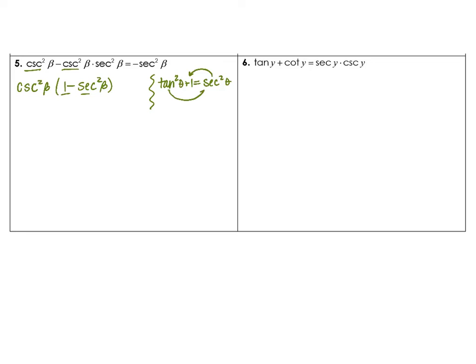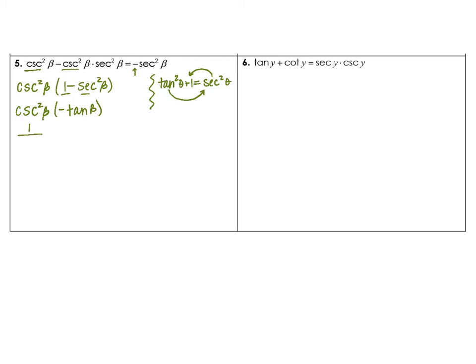So I'm going to move tangent squared over. So everything inside the parentheses there is going to be a negative tangent beta. And looking at this other side, seeing that negative there, that's a good indication that that's probably the correct move there. Let's change everything back over to sine and cosine now.